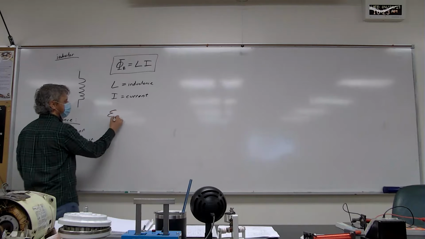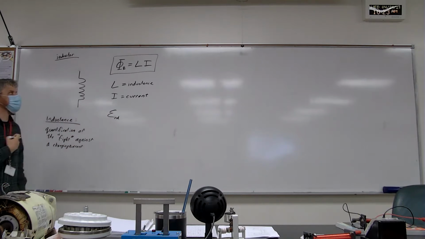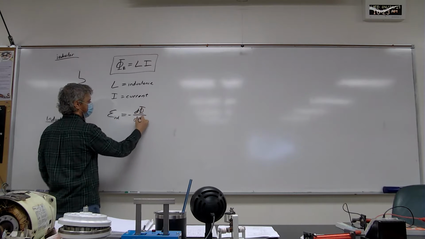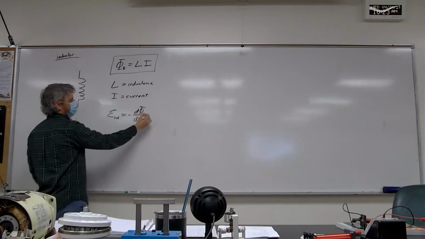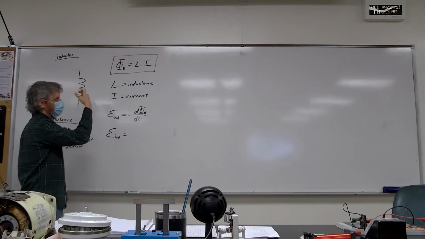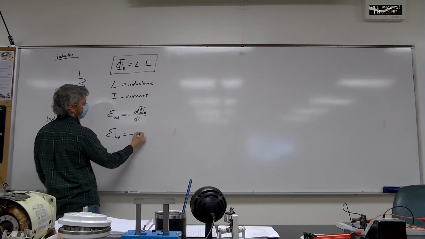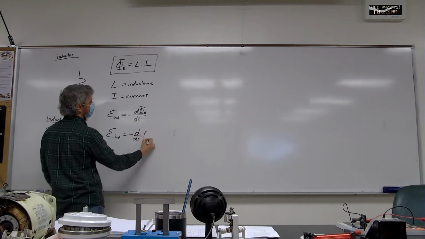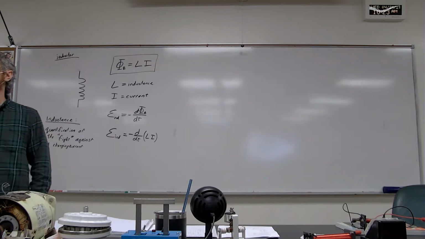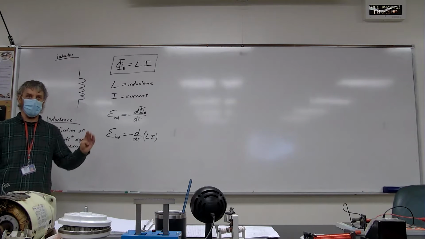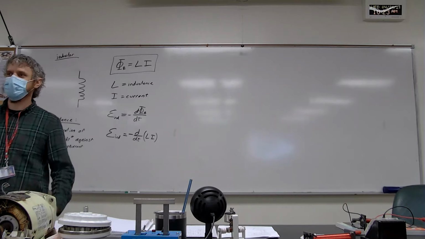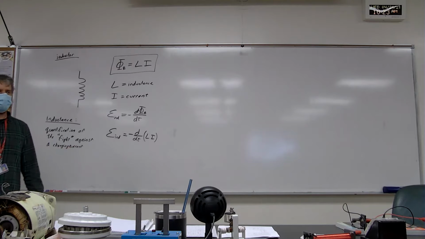Now, since I get an induced voltage if I have a changing magnetic flux, and this is also true, then my induced voltage within an inductor is going to be negative d/dt of L times I. And as we'll see, just like the capacitance of a capacitor doesn't change whether the capacitor is charged or not, the inductance of an inductor doesn't change, regardless of whether there's current going through the inductor or not.